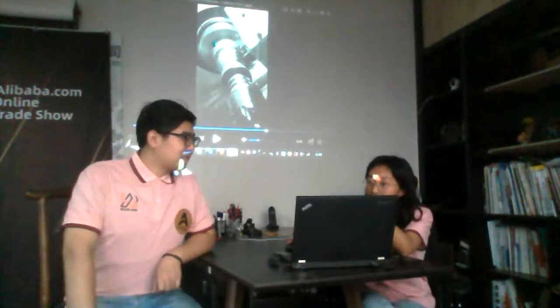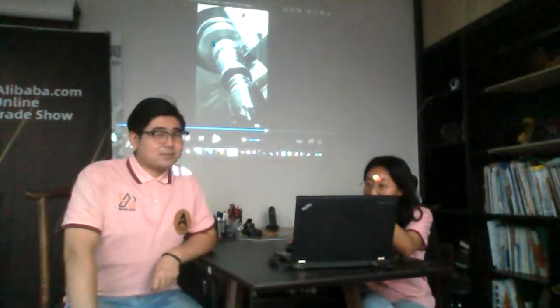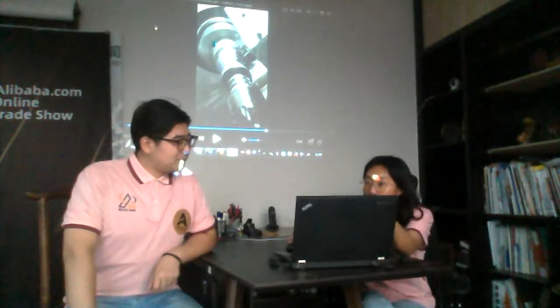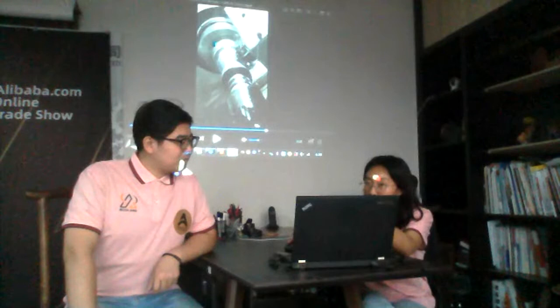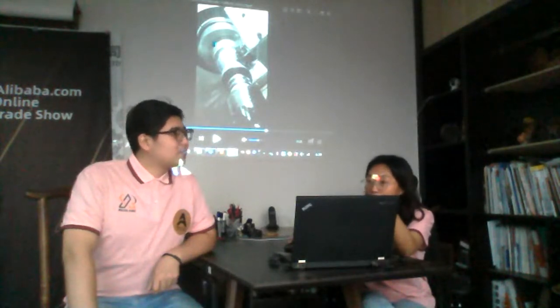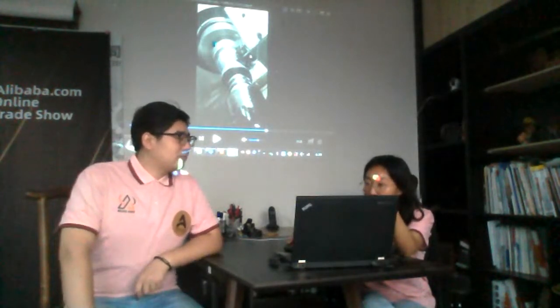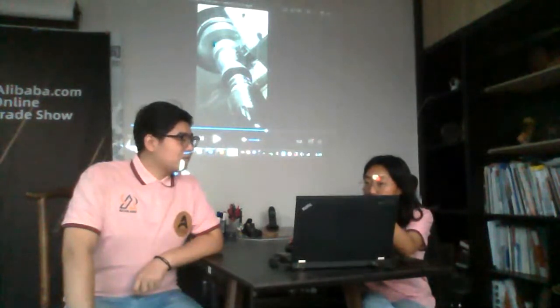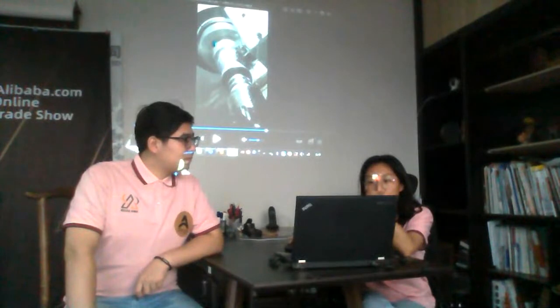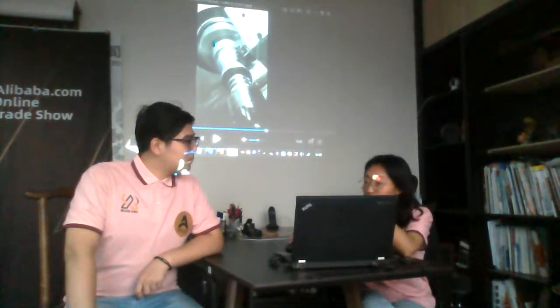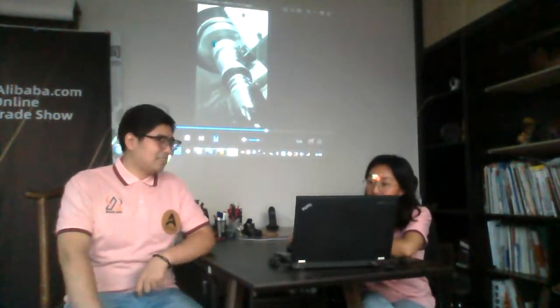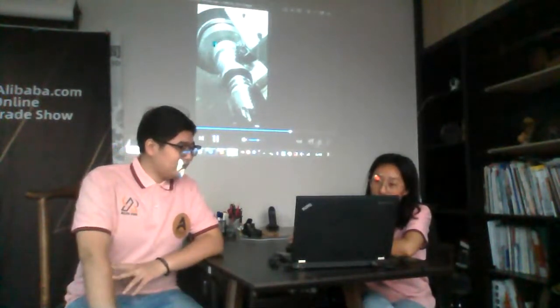Yes, we can see the chuck and the tool stock clamping the workpiece, and the spindle processing the workpiece. This machine is the CNC lathe, yes, and we can see the speed is very fast.